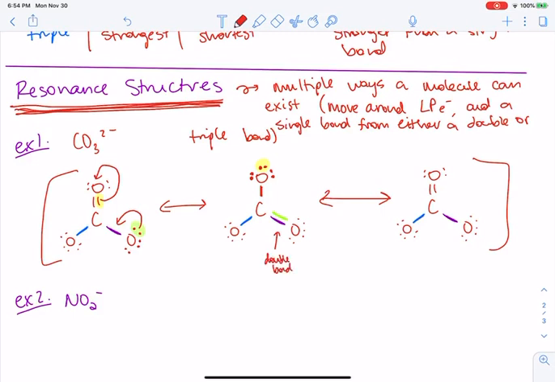Right? And you're like, Mr. Hicks, isn't that the same molecule? You just turned it to the side a little bit? No, it's different. This is a different oxygen. This is its own very unique oxygen. This is a different oxygen. So how can I get the third resonance structure? Well, I'll take these electrons and bump those down. Sorry, there are too many electrons here. And then I will bump either one of these bonds, it doesn't matter, back up into lone pairs.